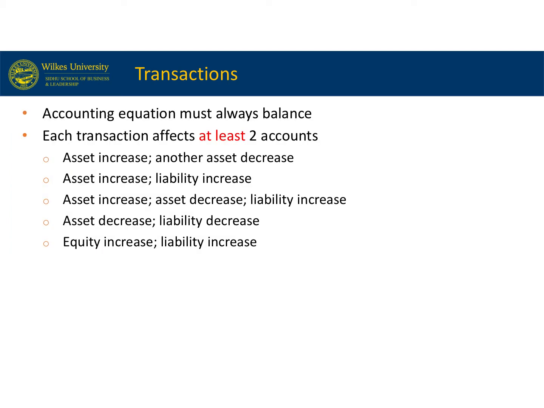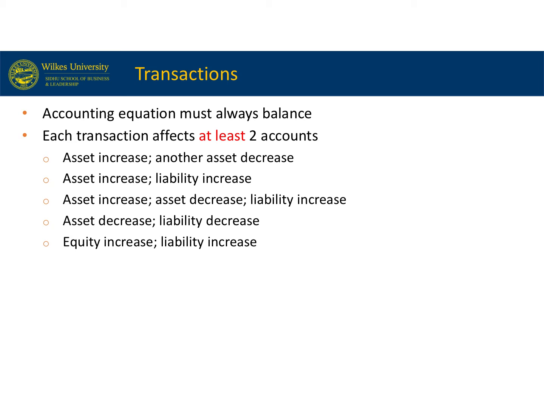Analyzing transactions, or transaction analysis, is the process of identifying the specific effects of an economic event on the accounting equation. The accounting equation must always balance. Sometimes you will hear people say that the transactions have a dual effect on the equation.